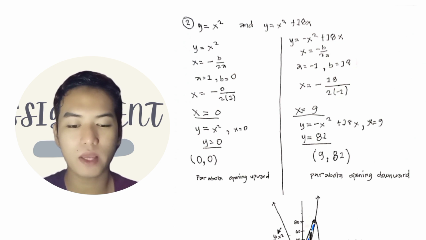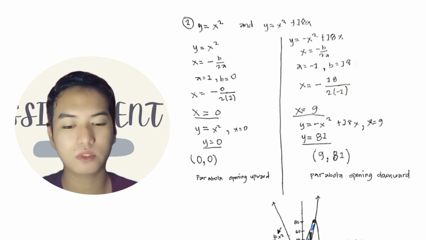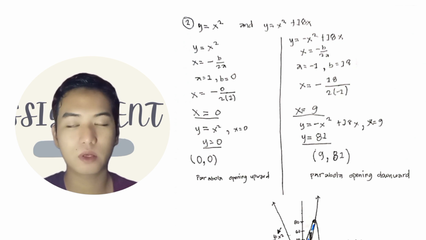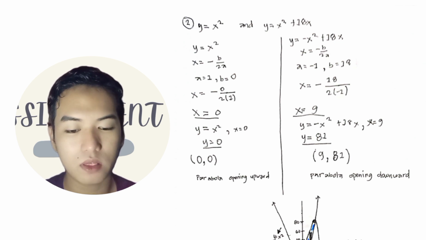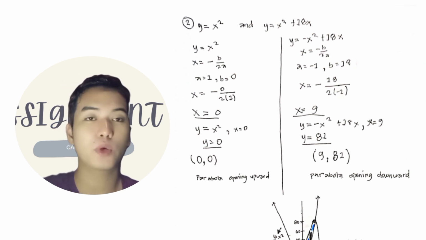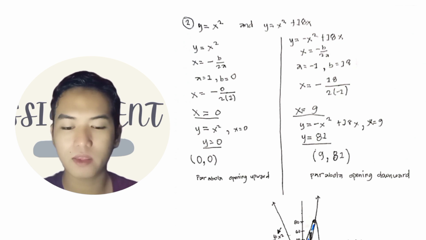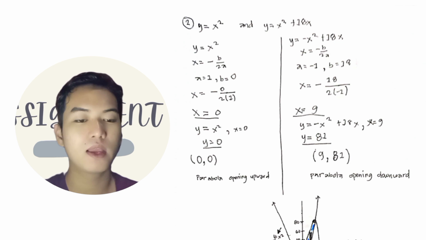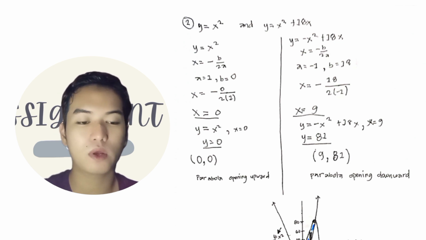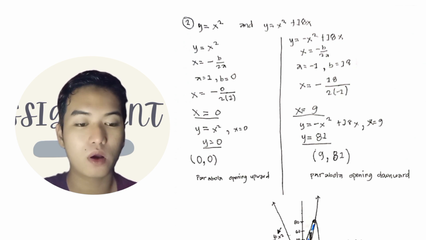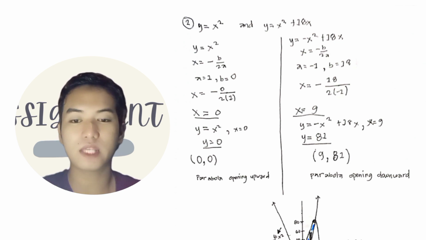Our y is equal to x squared, so with x equal to 0, the result is y equals 0. So we have our vertex of this parabola, that is (0, 0), and this parabola is opening upward.